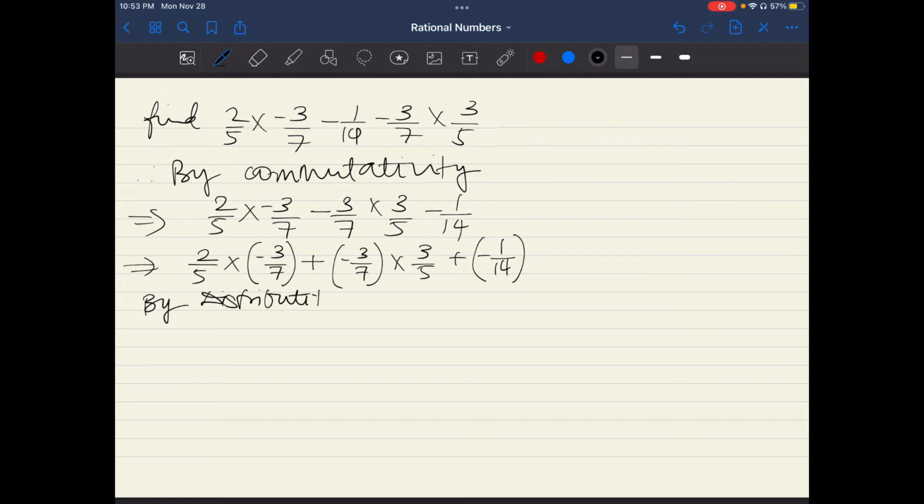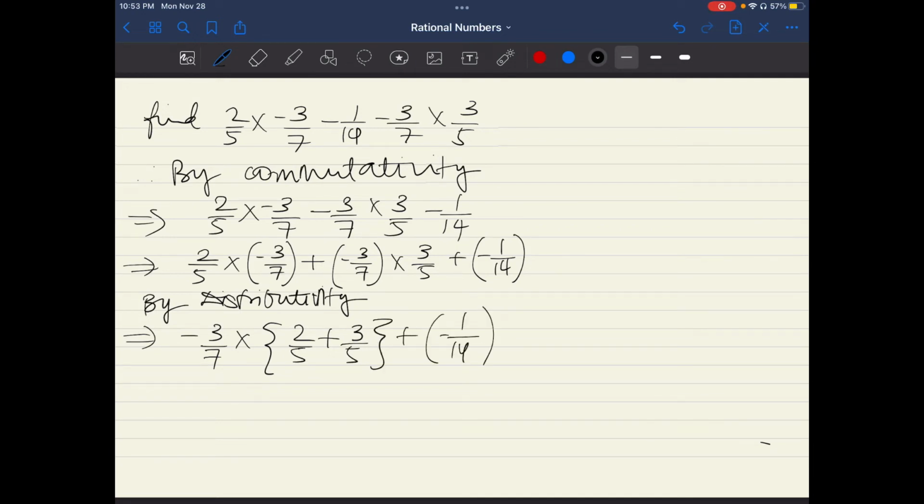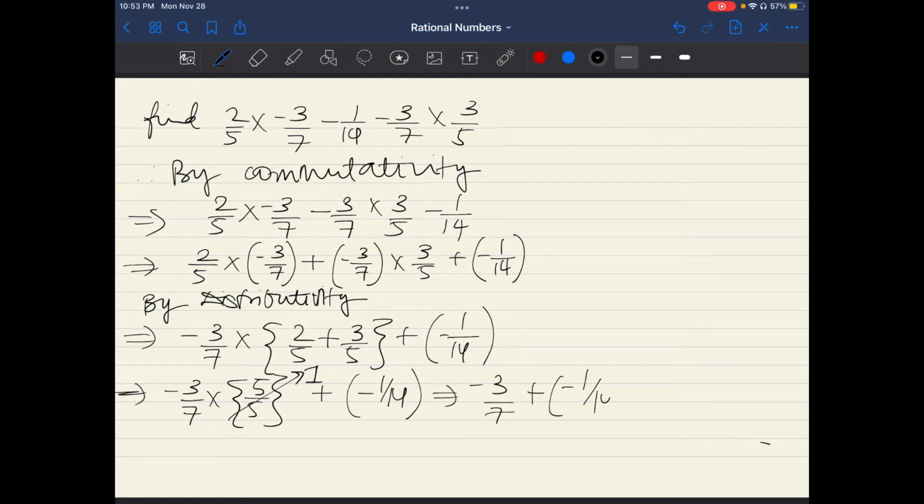So by distributivity, we can rewrite this equation as minus 3 over 7 times (2 over 5 plus 3 over 5) plus minus 1 over 14, which further equals minus 3 over 7 times 5 over 5, which turns out to be 1, plus minus 1 over 14, which now is minus 3 over 7 plus minus 1 over 14, which is a very simple equation that can be easily solved.